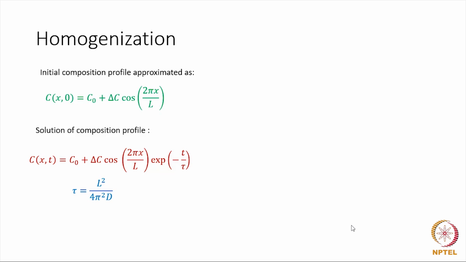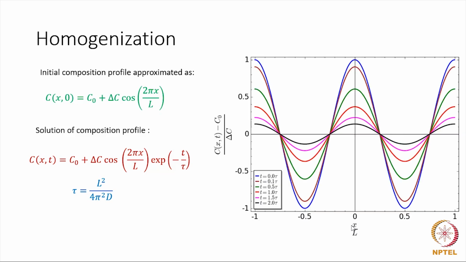So how does this particular profile look with increasing time? This is how it would look. The blue curve is the initial composition profile, which has the ups and downs, and as time progresses, you would see that after twice the relaxation time, the black curve tells you how the composition profile has decayed.